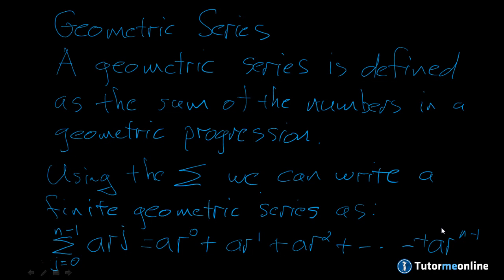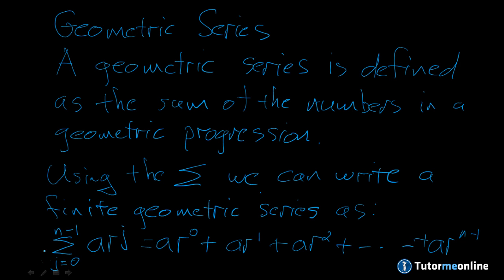Let us now find a simple formula for finding a geometric series. Let us have a geometric progression with a total number of elements equal to n. That is our geometric progression. We then start with this basic equation that we defined, which is based on the basic definition.